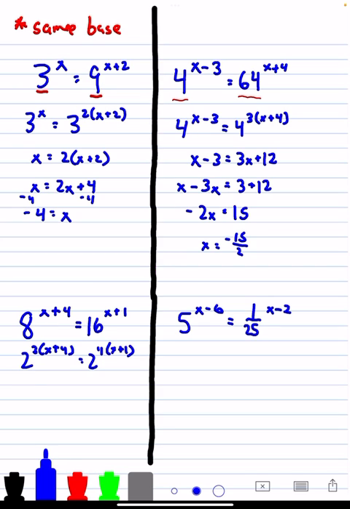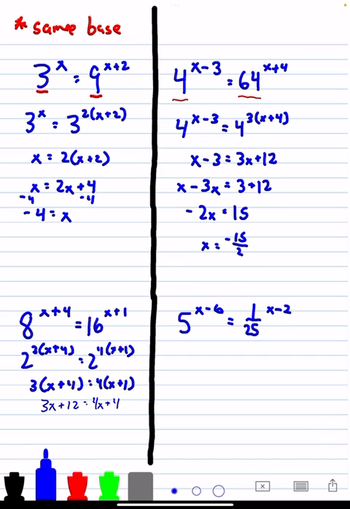Now we have 3 times x plus 4, and 4 times x plus 1. Okay, this gives us 3x plus 12 is equal to 4x plus 4 after we distribute.